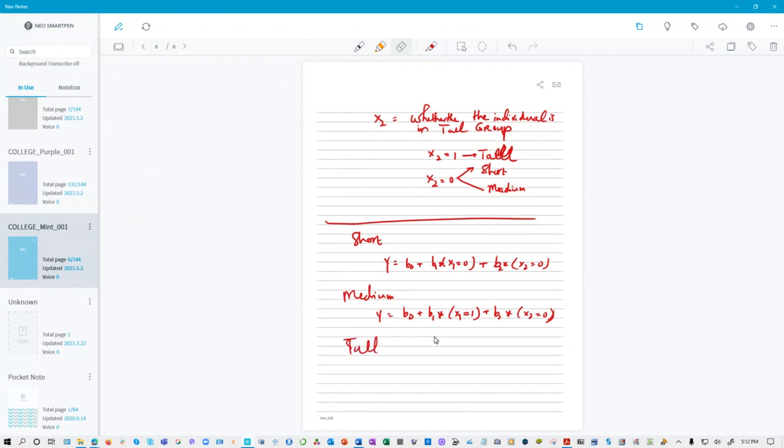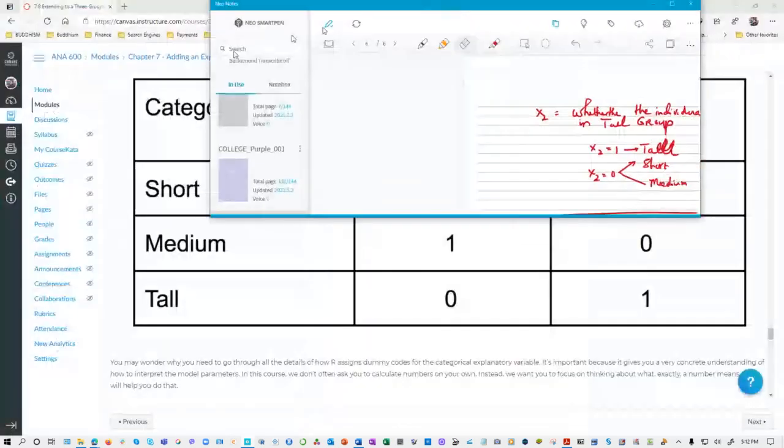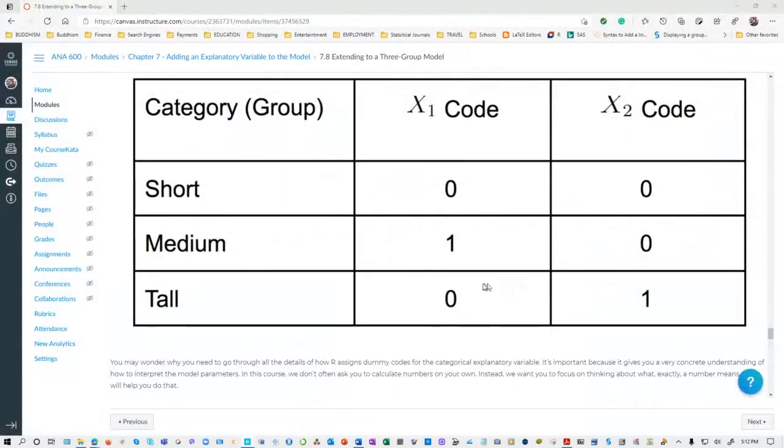And if you are in the tall group, Y equals B0 plus B1 times X1 equals 0 plus B2 times X2 equals 1. That's how it's been coded. Look at short: 0 0, medium: 1 0, tall: 0 1.